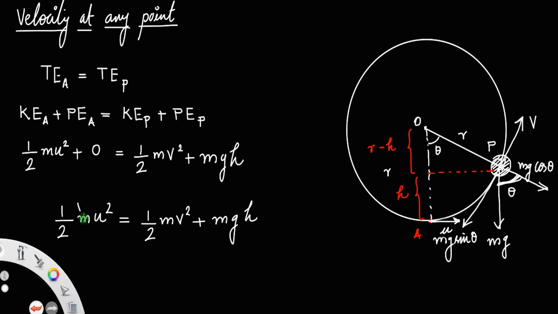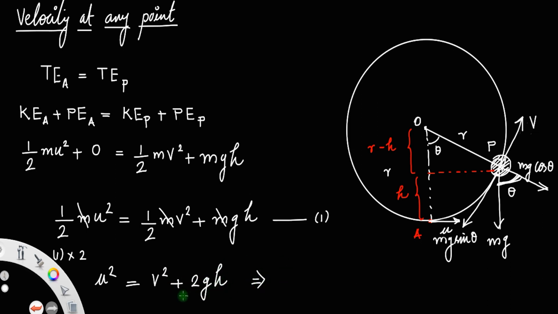Now you can cancel every mass m. Also multiply the whole equation by 2. Call this equation number 1. So 2 into 1 by 2 will get cancelled, so you will get u square equals v square plus 2gh.